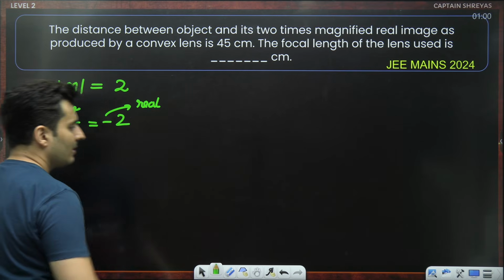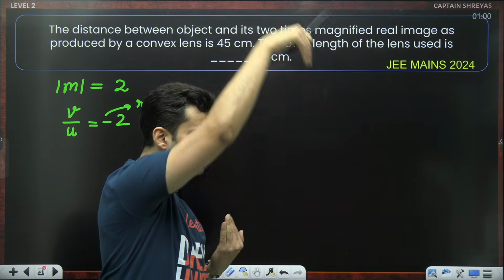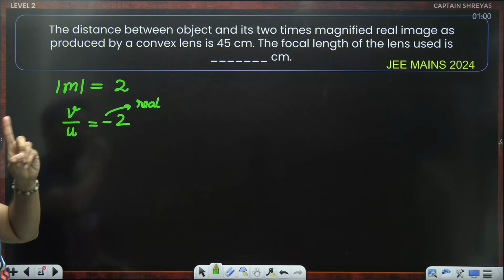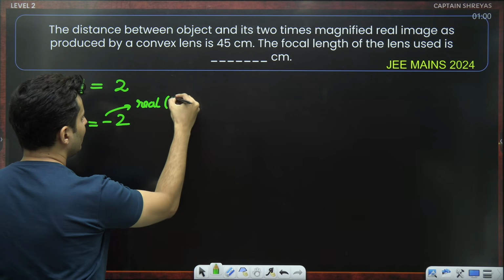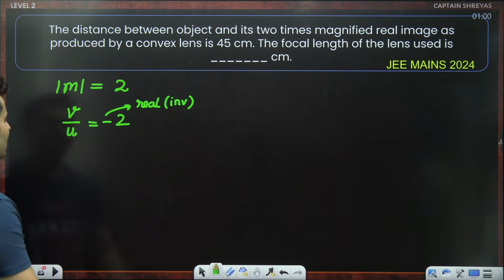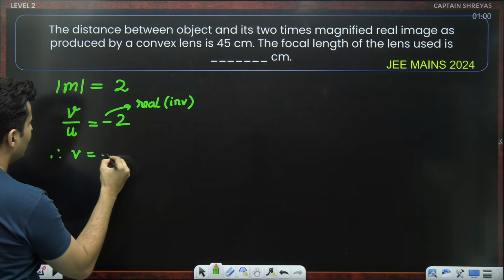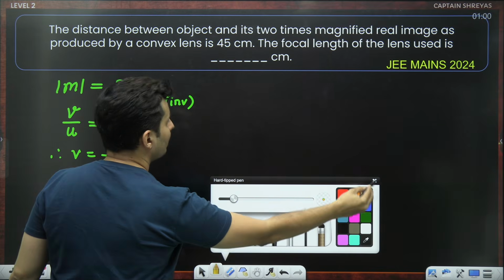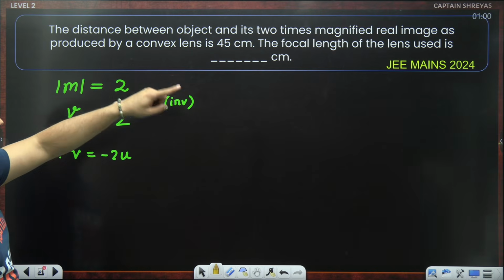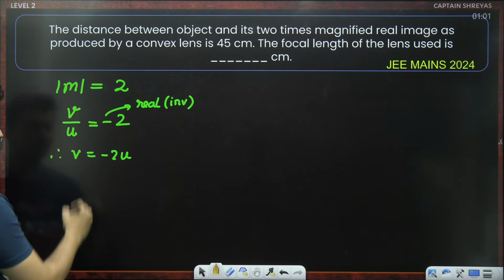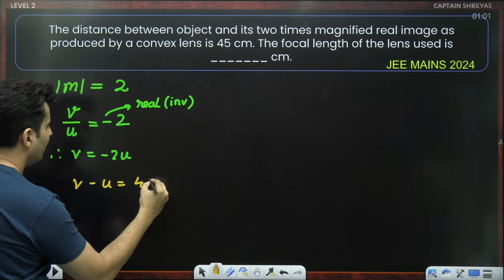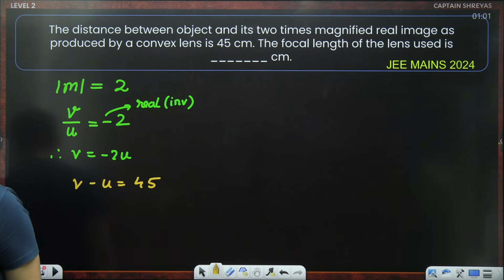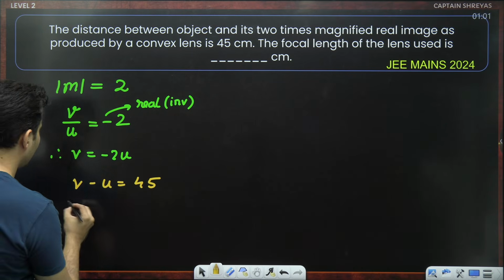Reason being, real means it will be on the other side, so the image will be inverted. That is why it will be negative. Real means it will be inverted for that lens. So therefore V will be minus 2U. And one more thing which is given to me, the object and the image distance is 45. So V minus U is basically given to be 45 centimeters. Perfect. So V is minus 2U.